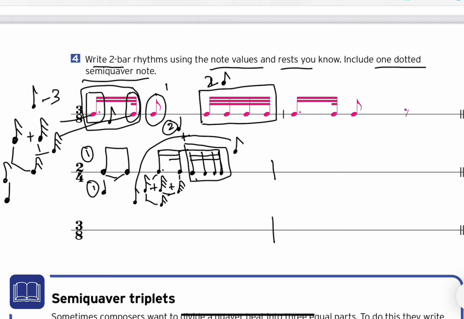Okay, let's move to the next one. So next rhythm we can have, let's make it simple. As they have given us, we'll make four demi-semiquavers.